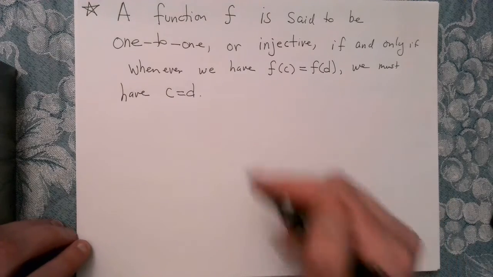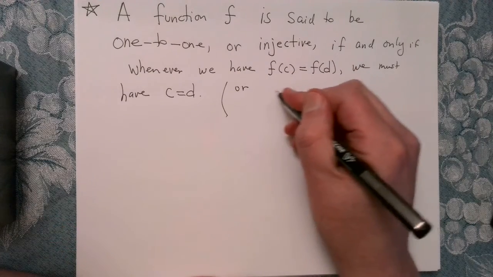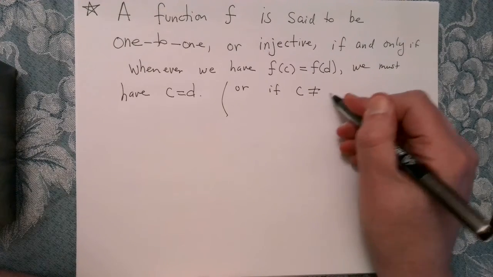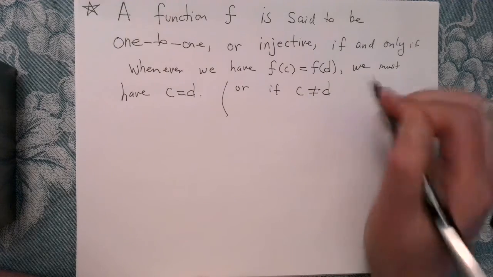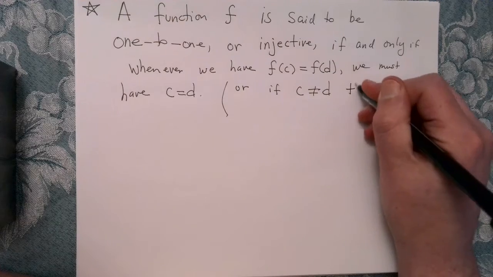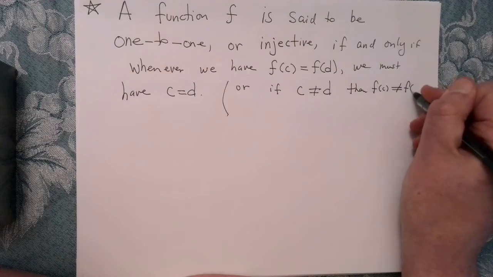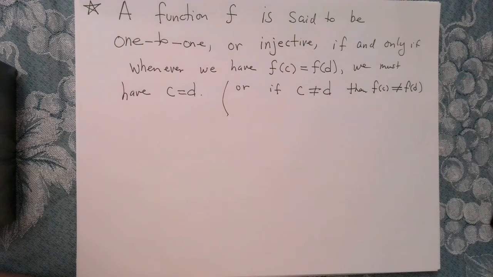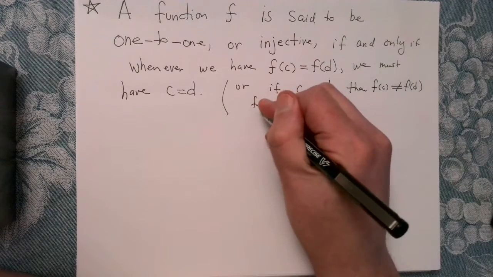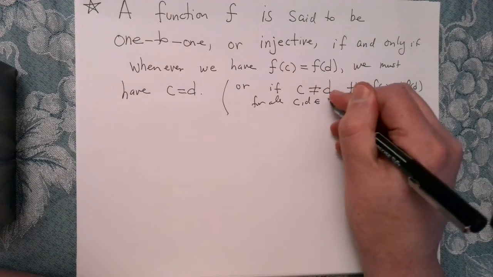Another way to say this is, or, if given unique inputs, so separate places on the x-axis, then we always have unique outputs. So order matters here. And that's for all c and d in the domain of f.